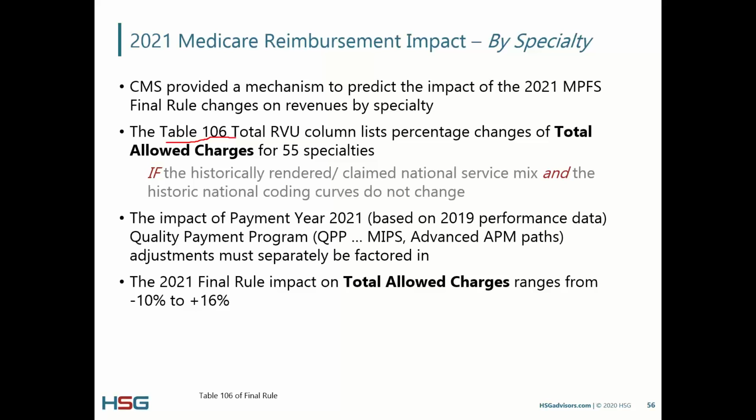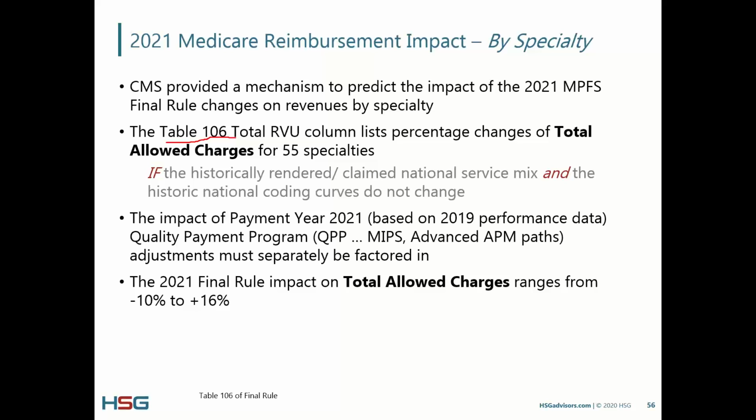Our coding patterns may change based on the difference in documentation, and how we render care may change a little bit based on these changes. But if nothing changed, this would be the impact. So if your mix of services historically, if your coding patterns hold up, then this is what you can predict.